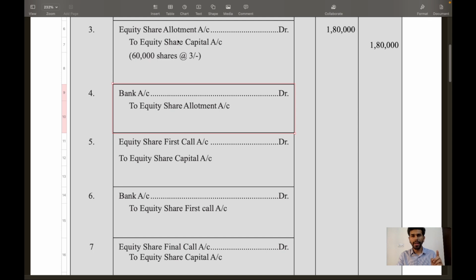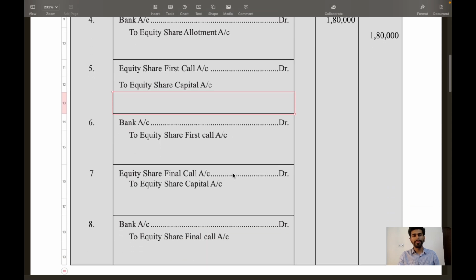First it will be debited and second time it will be credited, so debit and credit will be cancelled. Therefore it is a temporary account. Amount will be the same, 1,80,000 rupees. Narration being allotment money received on 60,000 equity shares.